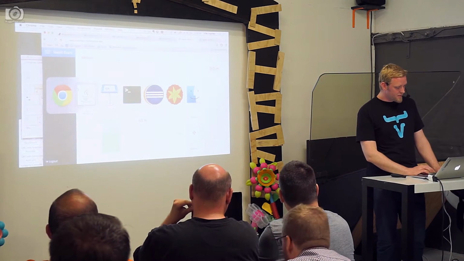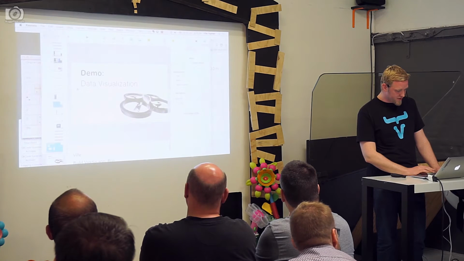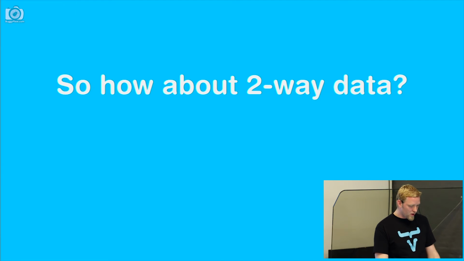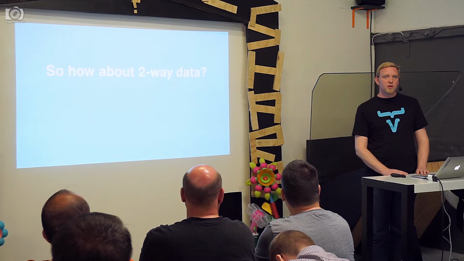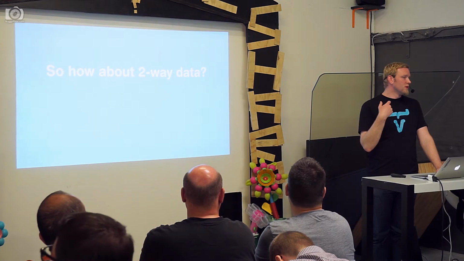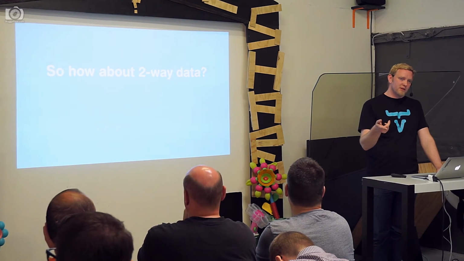All right. This is here, but I think this is the most interesting thing. How about two-way? Internet of Things by nature is of course gathering data, but also giving commands back to the devices, right? So how do you do that?